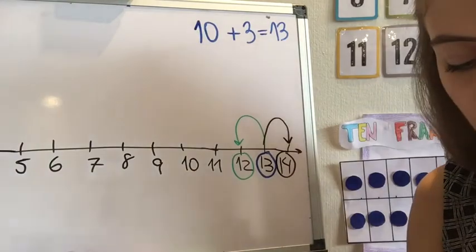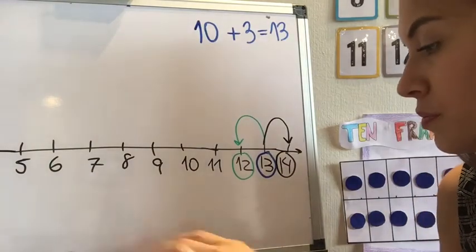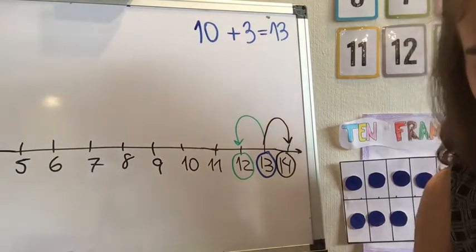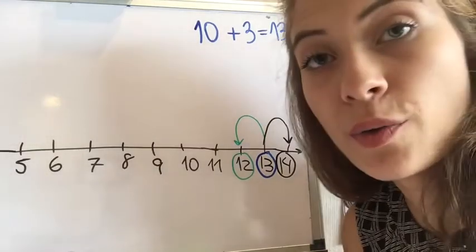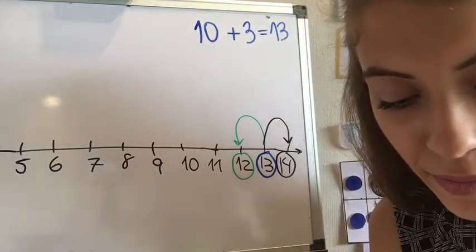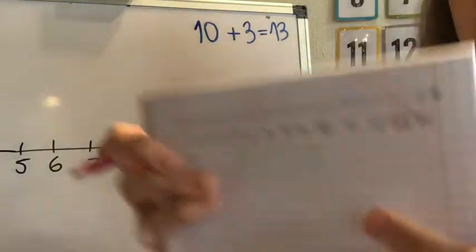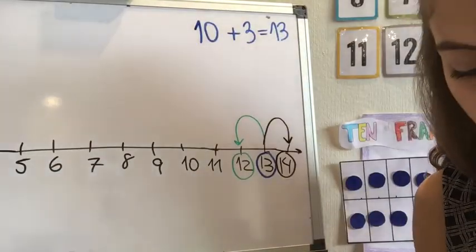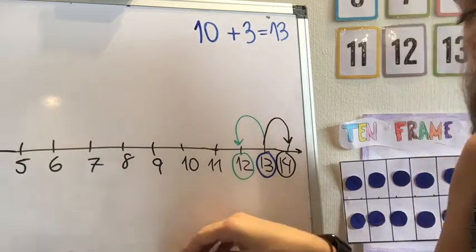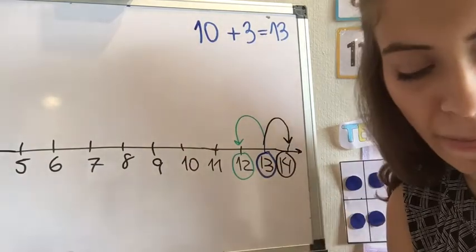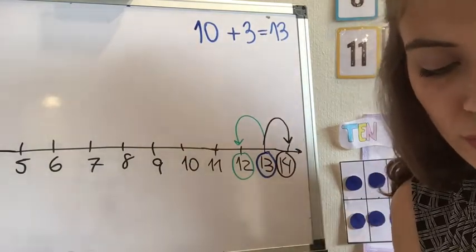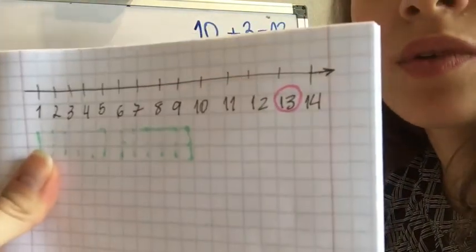You are going to pick up your colored pencil and circle the number 13. Like this. You are going to pick up another colored pencil here.